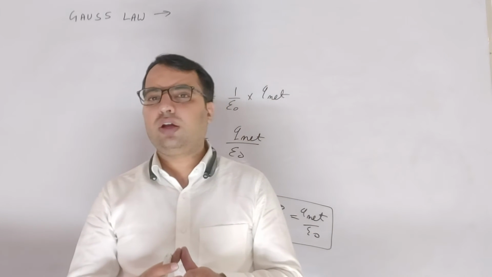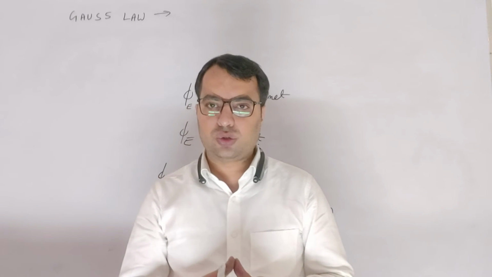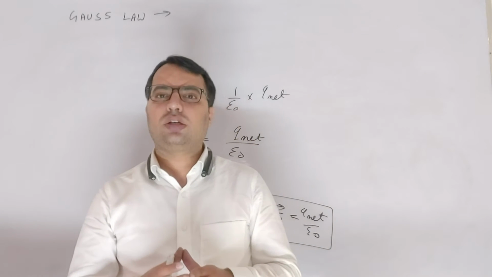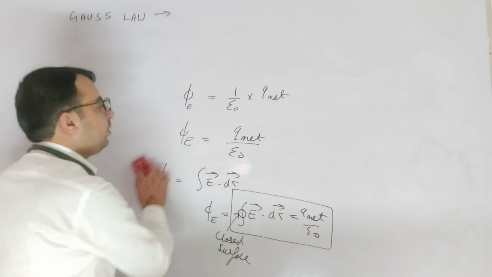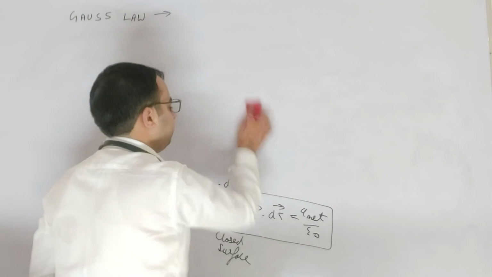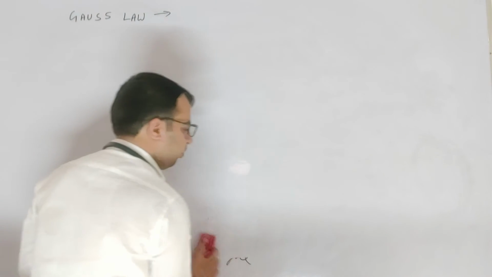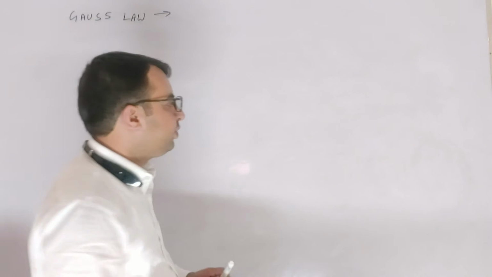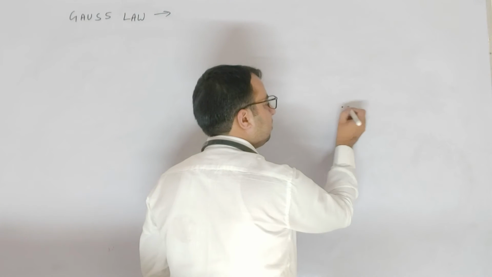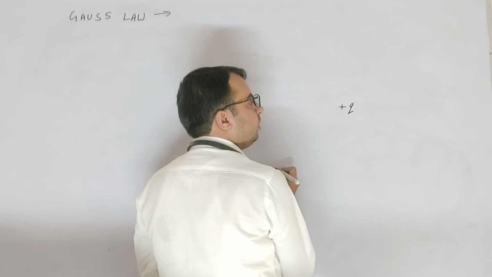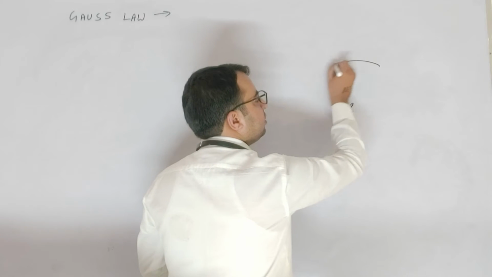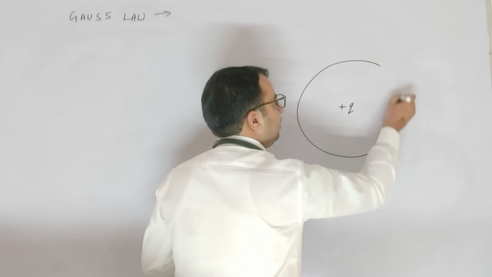Now we will cover the proof of this Gauss theorem, how this formula has been derived. In order to derive the Gauss law, we simply consider a positive point charge Q lying at the center of a sphere.